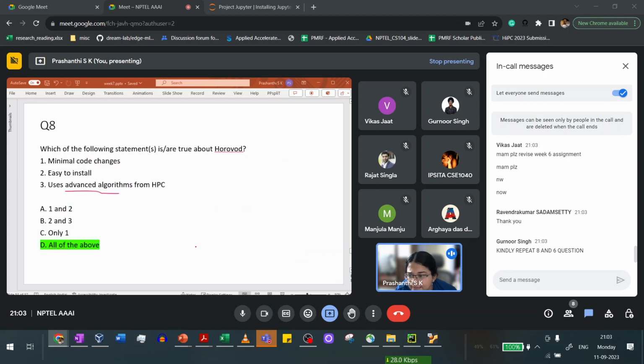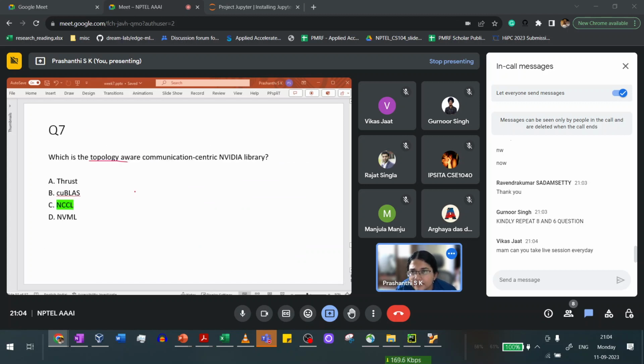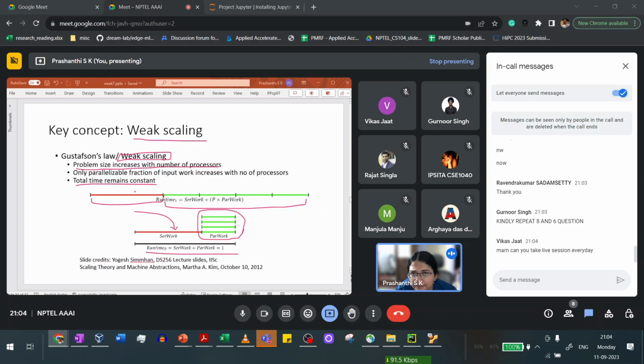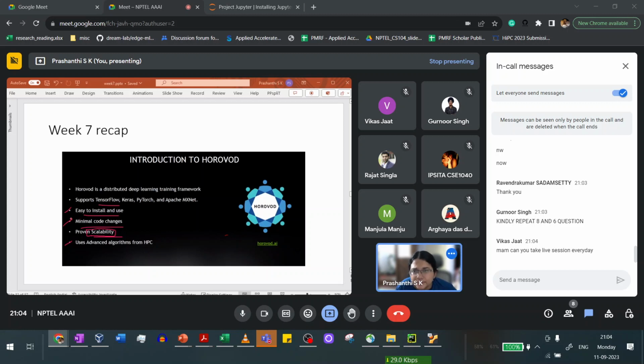Repeat 8 and 6. Let me see if I can quickly do that. So the 8 is about Horovod. So again, we talk about Horovod here in our recap. So again, like a lot of tools, it is easy to install and use. It has minimal code changes, uses advanced algorithms from HPC. So you can look at the example in the course slide that you have on what you need to do to use Horovod, right?